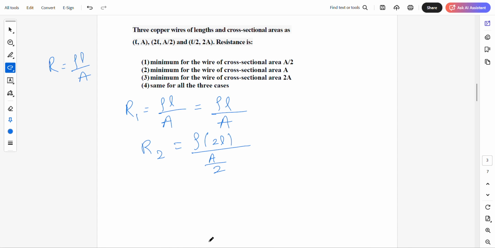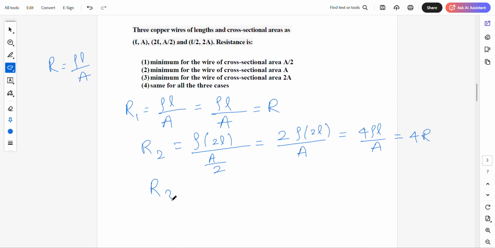A by 2 is given. Now this 2 will come up, so rho into 2 into 2L by A, that is 4 rho L by A. Let me call rho L by A as R. So R2 is 4R.